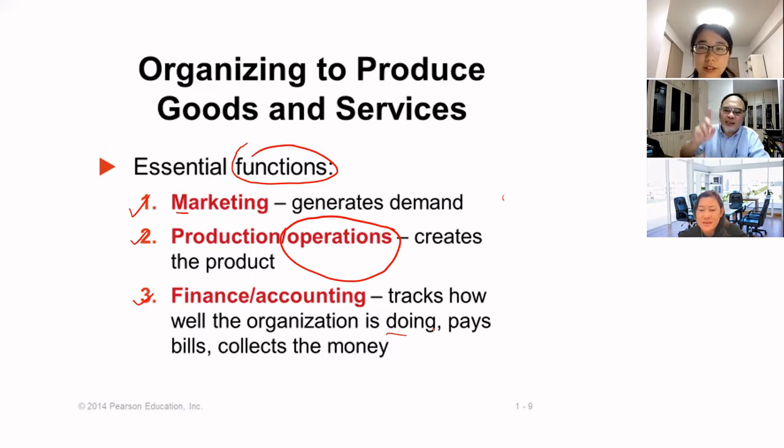Where is that? Okay. Wages, material. Where is it among these three? Production. Operation. Create the product. Okay.